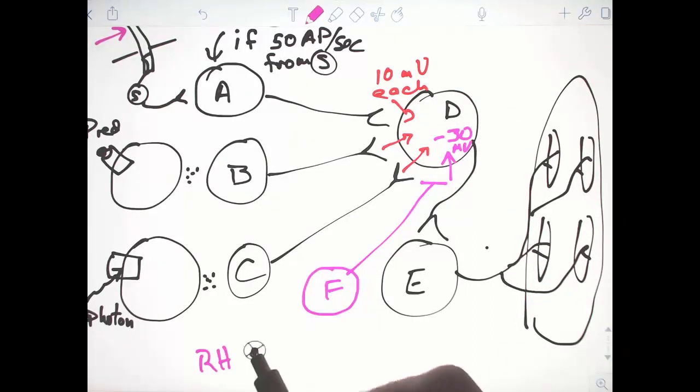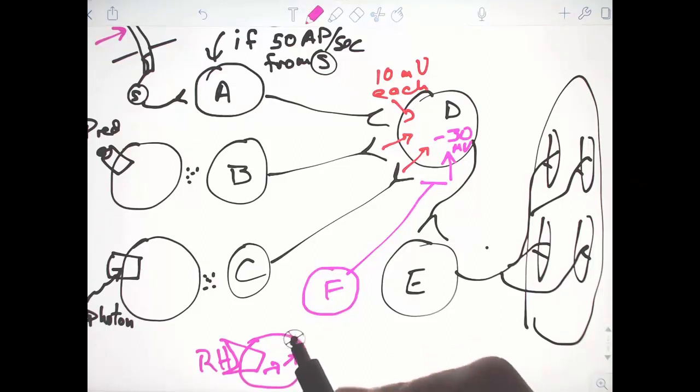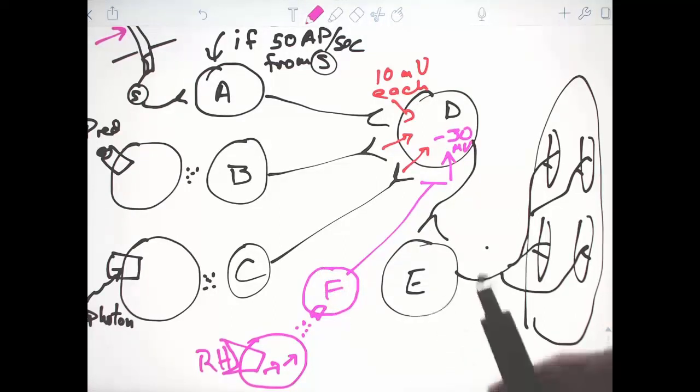So reproductive hormone has to affect a cell. It could bind, if it's lipid insoluble, to the surface and activate a second messenger pathway to release neurotransmitter to F, and that opens sodium channels, depolarizes F, and causes action potentials to block it.